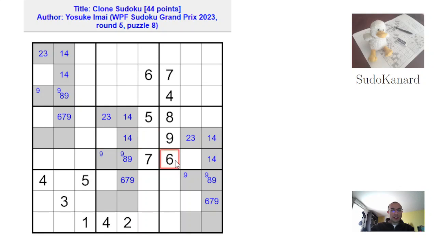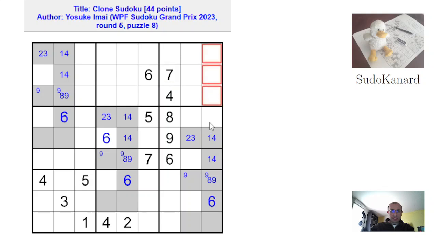Something interesting here is that 6, by Sudoku, 6 is here. And by Sudoku, there is a 6 in one of those two cells. So 6 in one of those two cells, and because of this 6, the 6 finally goes there. Something else of interest is this 7.